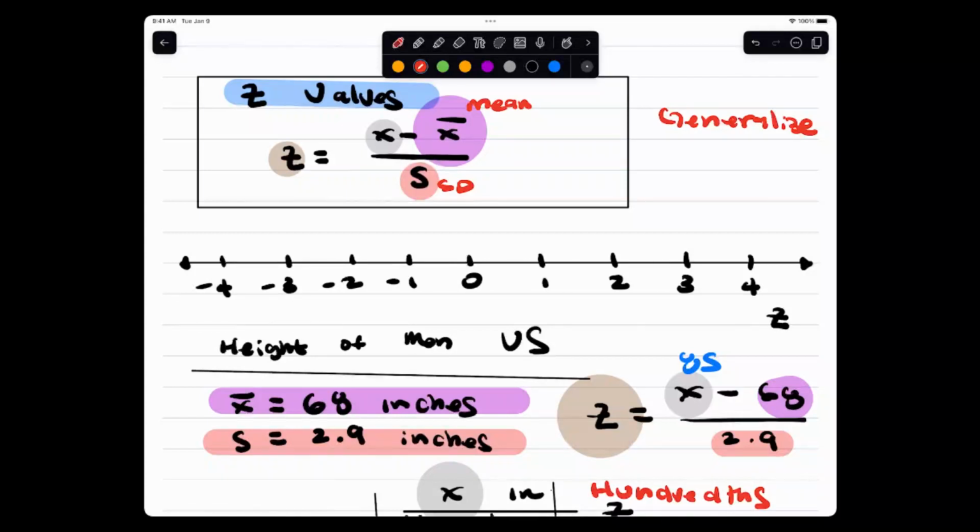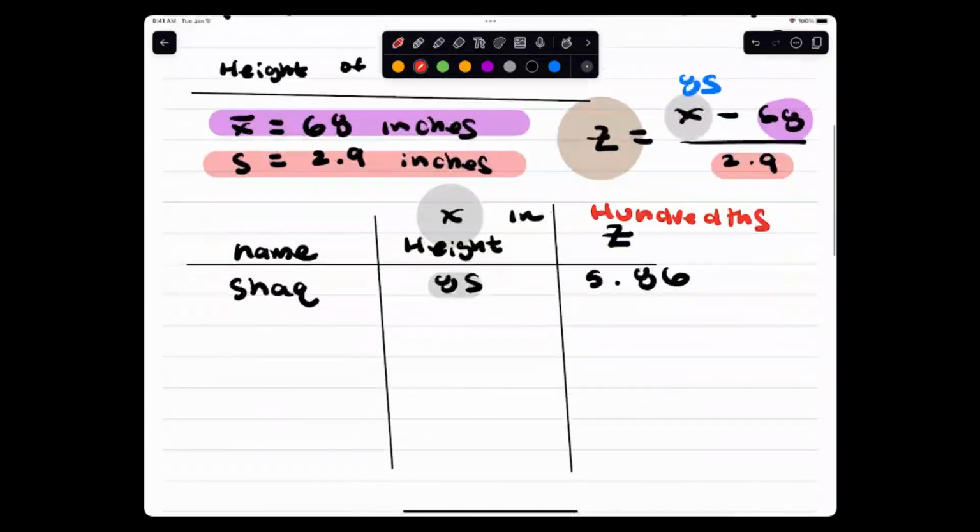Shaq can't get a grade in terms of his height. He's off the charts with a grading scheme. We can't say A.